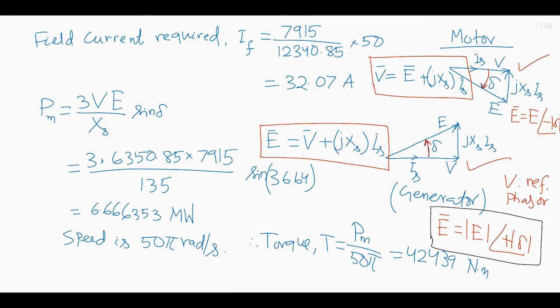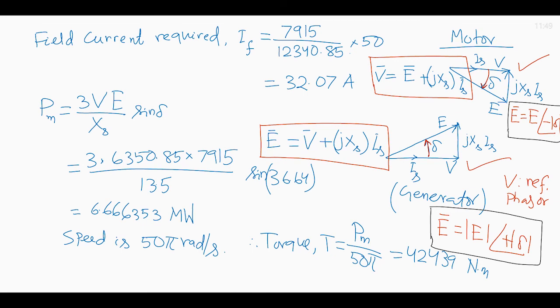Magnitude is same, but phase angle is plus delta because the applied voltage, which is the reference phasor, is behind the induced EMF phasor, and so the induced EMF angle is positive, plus delta. And for a motor, this is the phasor relationship: magnitude is same because induced EMF is rotating behind the voltage phasor, and its angle is minus magnitude of delta.